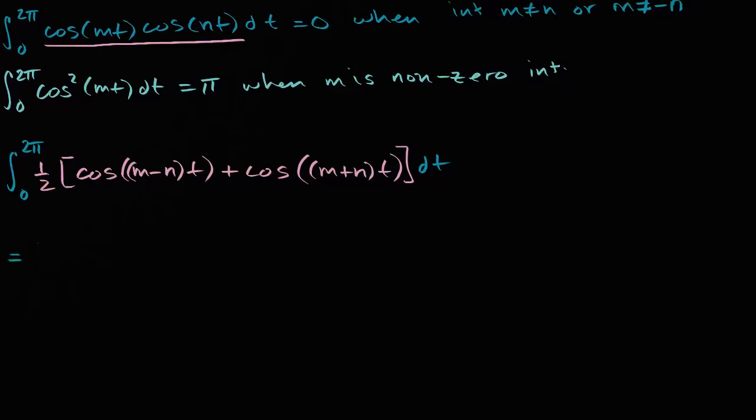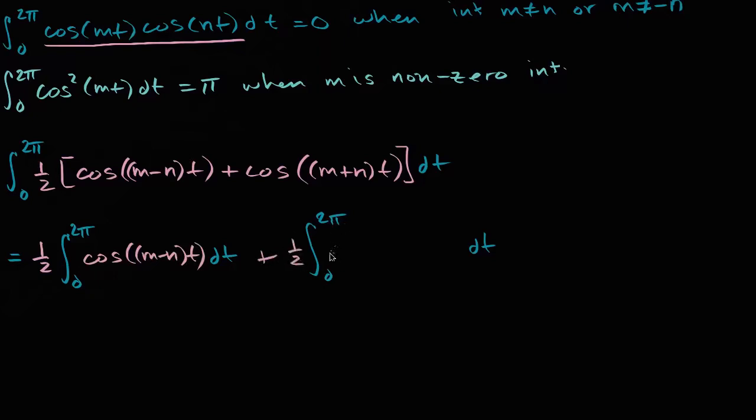I'm going to write this as two different integrals, each from 0 to 2 pi with its own dt. Just distributing the 1/2 and using some integration properties, this is 1/2 times the integral of cosine of m minus n t dt, plus 1/2 times the integral of cosine of m plus n t dt.